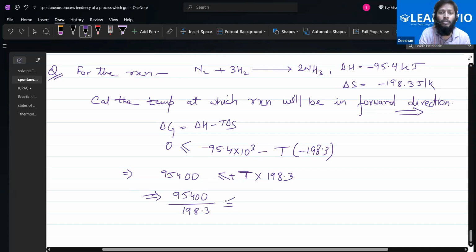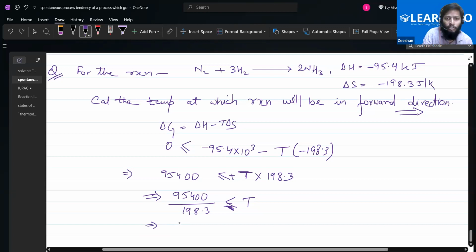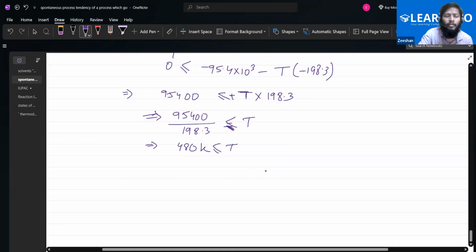T should be greater than this value, right? The value doesn't matter, that is only the mathematical calculation, and you cannot skip it in an exam, but here you have to understand it. So this will come to around 480 Kelvin. So temperature should be at least equal to 480 Kelvin, right?